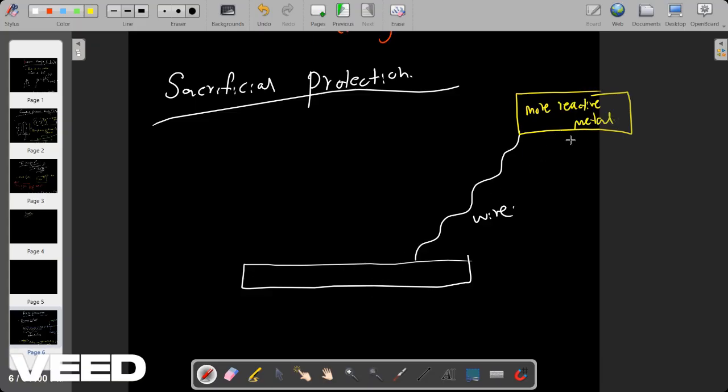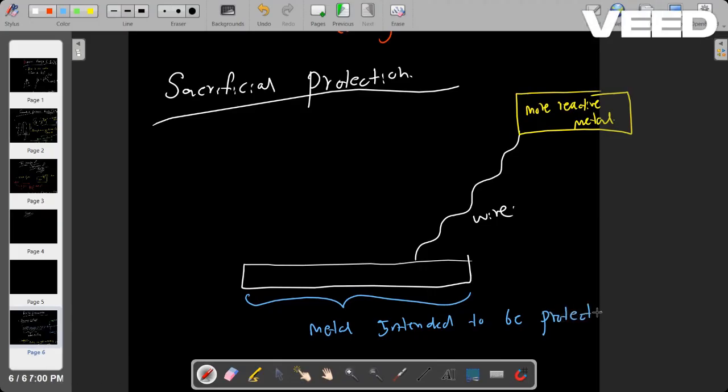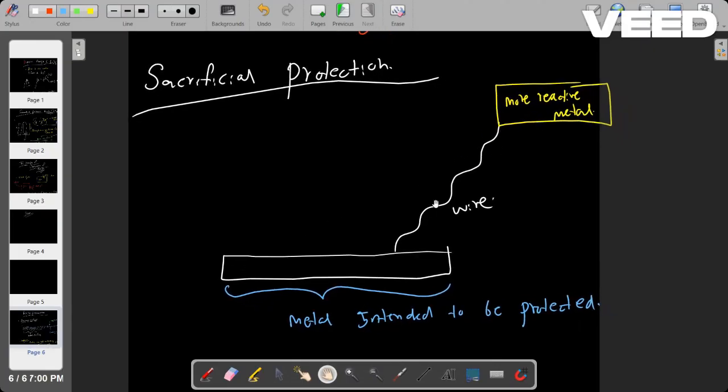Now, more reactive means this metal must be higher in the reactivity series compared to the metal that we are going to protect. This is the metal intended to be protected. Now remember, it is an electrochemical cell, right?